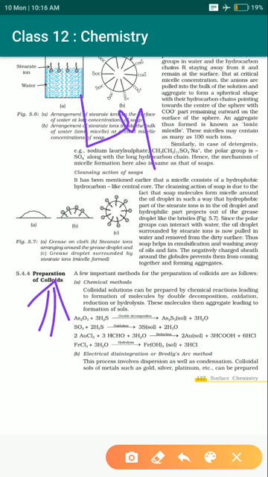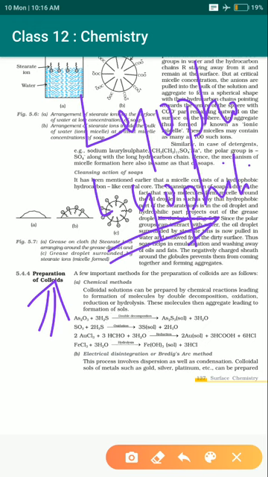We all know that lyophobic and lyophilic colloids are two different types of colloids. Lyophilic colloids can be made very easily, just mixing with the dispersion medium is necessary, but the lyophobic colloid needs to be prepared with some sophisticated special methods.